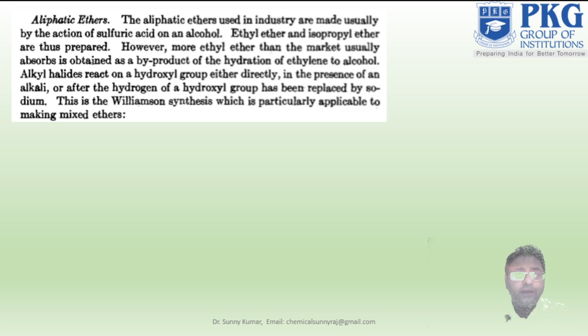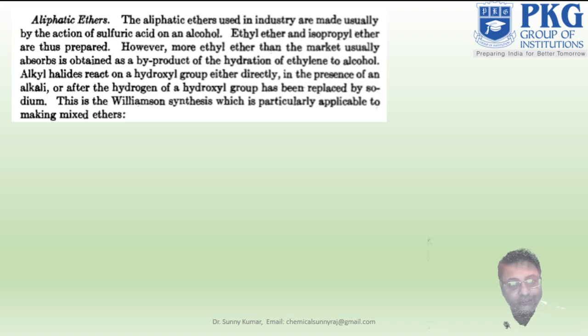The aliphatic ethers used in industry are made usually by the action of sulfuric acid on the alcohols. Ethyl ether and isopropyl ether are thus prepared. However, more ethyl ether than the market usually absorbs is obtained as a by-product of the hydration of ethylene to alcohol.